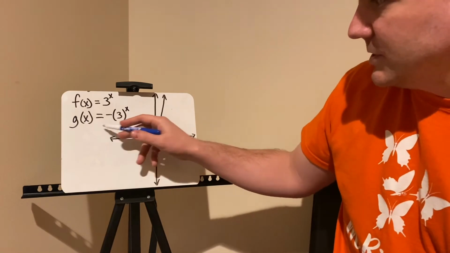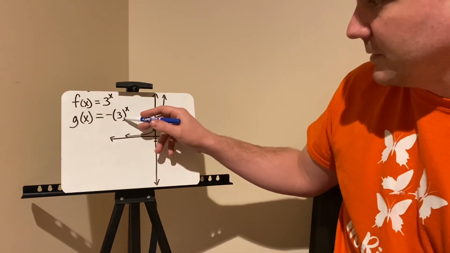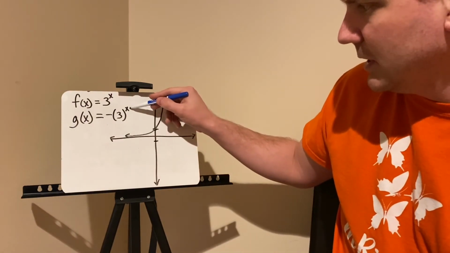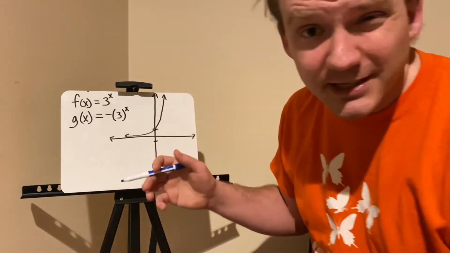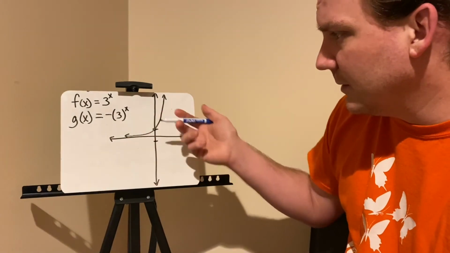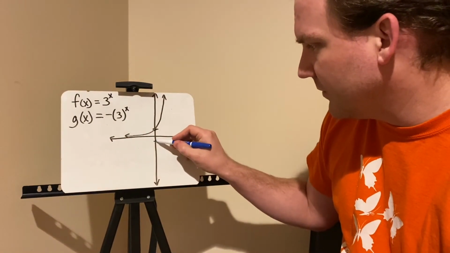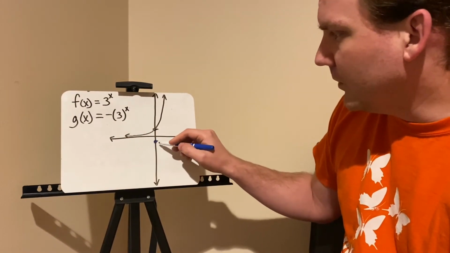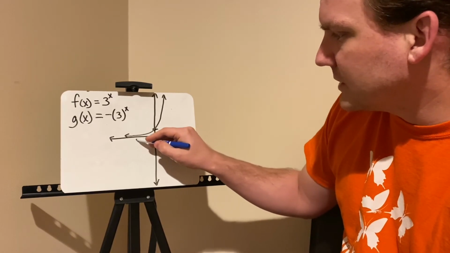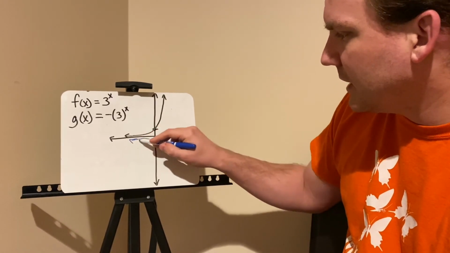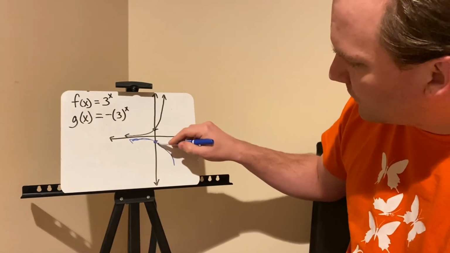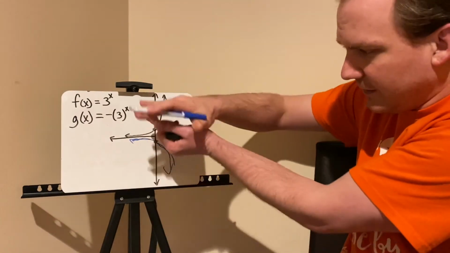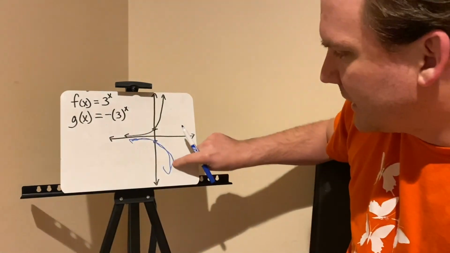And then if I said g of x is -3 to the x, well, let's put in 0. x is 0, 3 to the 0 is 1. 1 times negative 1 is going to be -1, so there's my point there. And what you'll find is that this graph looks like a reflection directly over the y-axis, just like a mirror, like if I folded this in half. That's kind of what that graph would look like there.